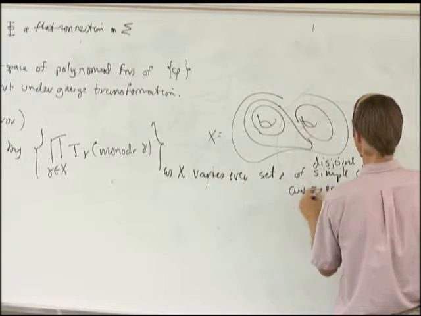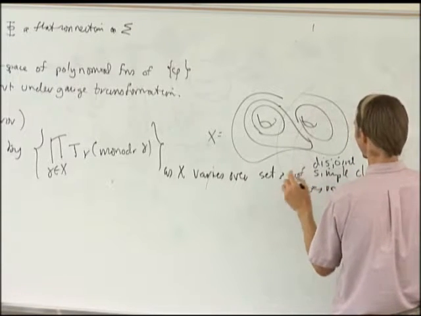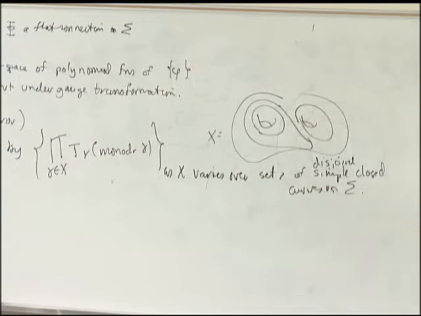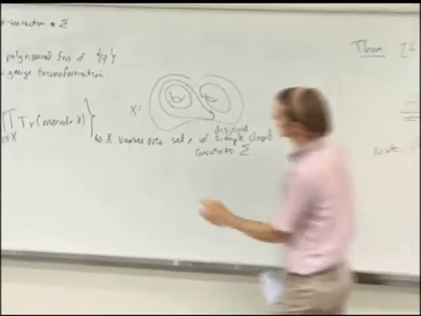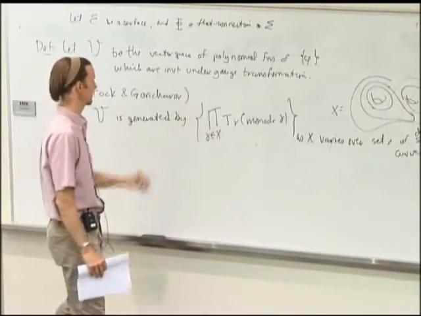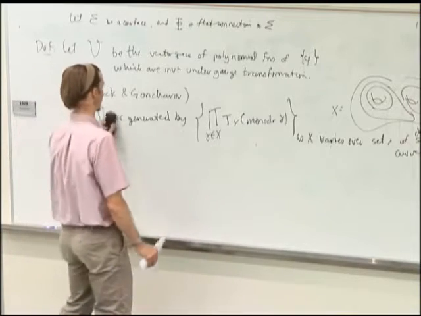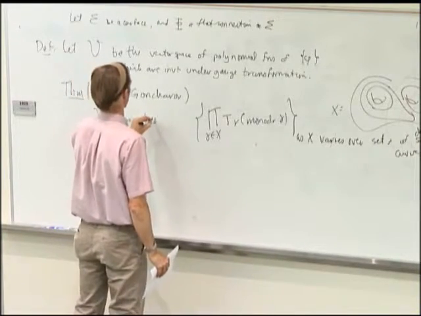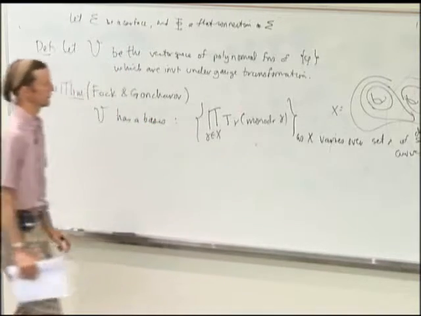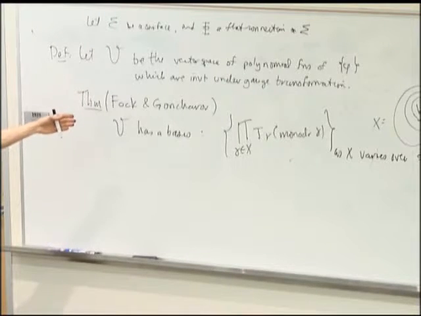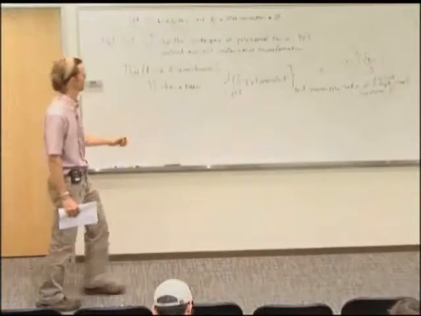I'll give a basic example in a sec. Well, not only generated by, but actually these guys form a basis. That's what I should have said. V has a basis. And moreover, there's an inner product on this space which turns it into a Hilbert space in which these guys are essentially orthogonal.